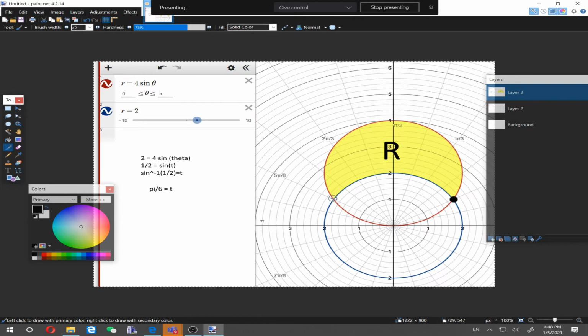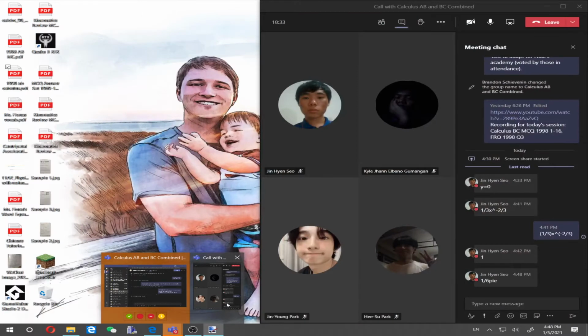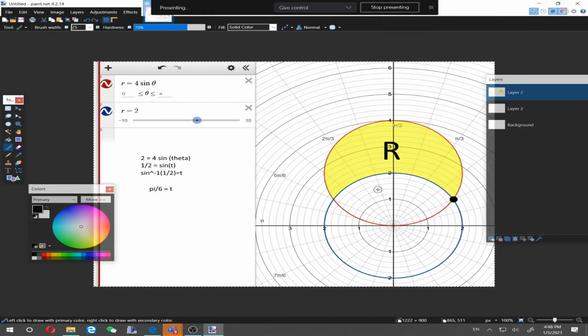What's our second time where the sine will equal 1/2 on the unit circle? 7 pi over 6.